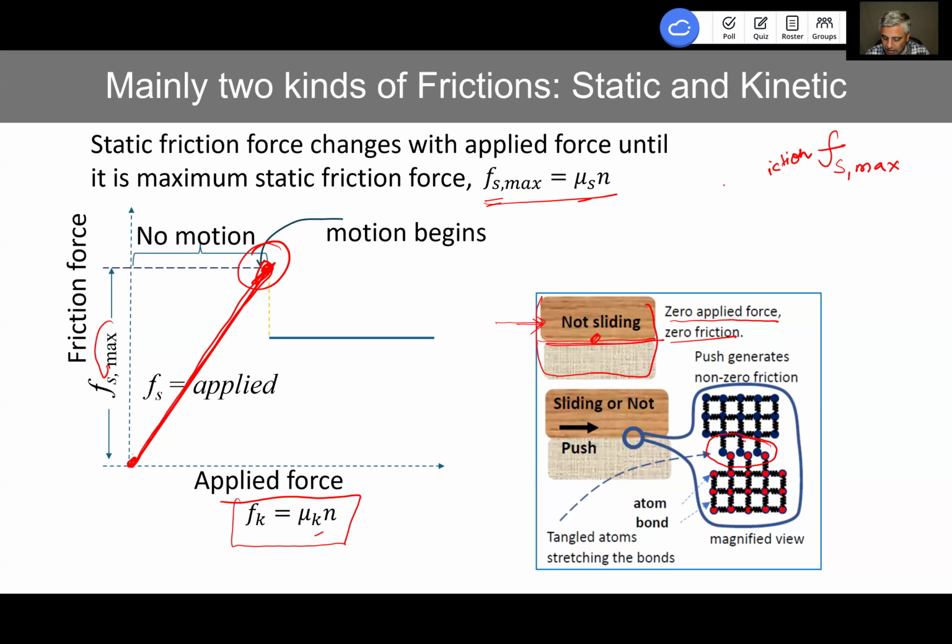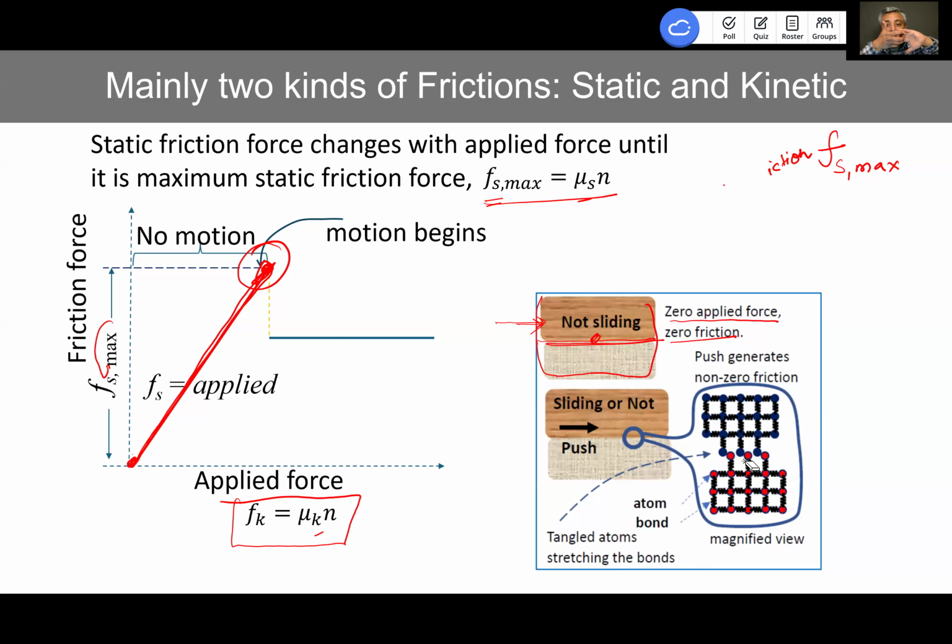Let's say there are these springs from some atoms or molecules from the upper surface, and there are some from the lower surface. So when you put one object on another, it's like two spring mattresses without any mattress on top, just the spring frames on top of each other.